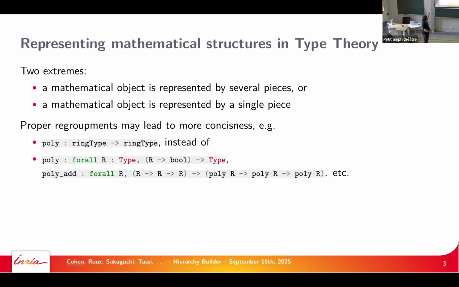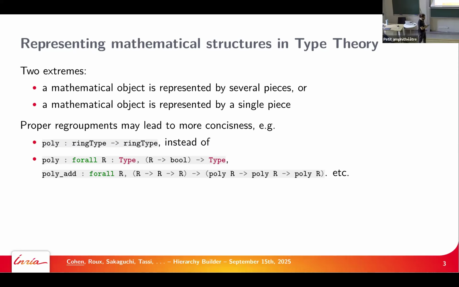If you regroup stuff, like in the first example of the definition of the polynomials over a ring, you can take a ring and it gives a ring, and it's very compact. So regrouping leads to more conciseness. And if you don't, then you have statements like polynomials, which you can represent in various ways.